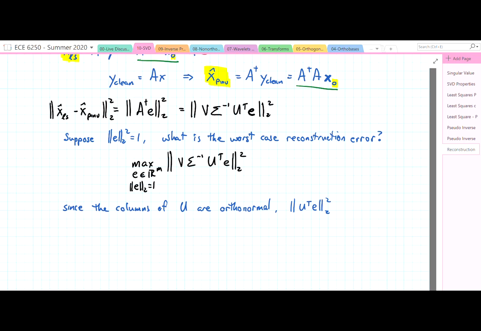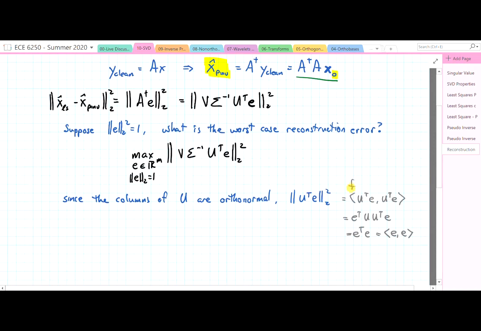If we have orthonormal columns, then we would get U transpose E, U transpose E, which would be E transpose U, U transpose E, which is going to be E transpose E, and we see that the U transpose goes away.